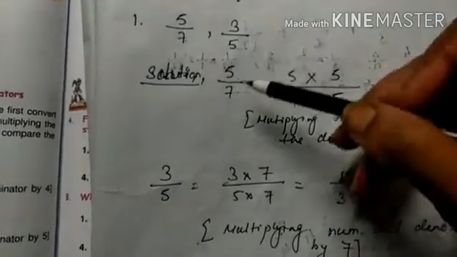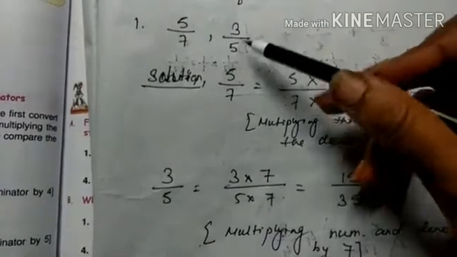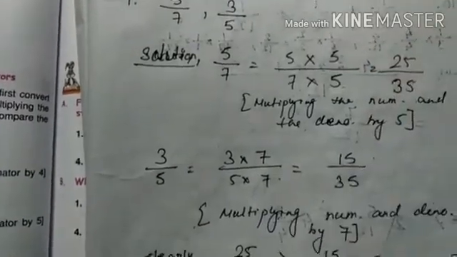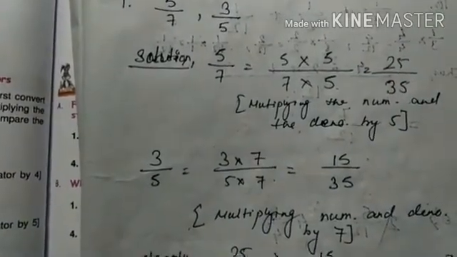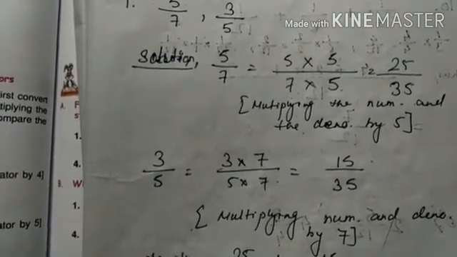In the same way, for 3 by 5, we multiply the numerator and the denominator by 7 and we get 15 by 35. Now the denominators are the same.